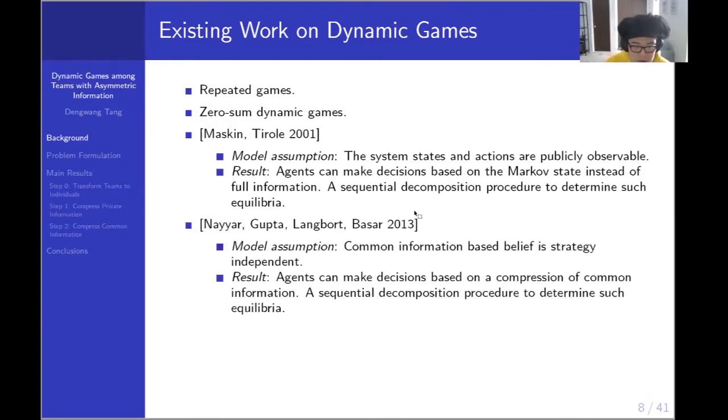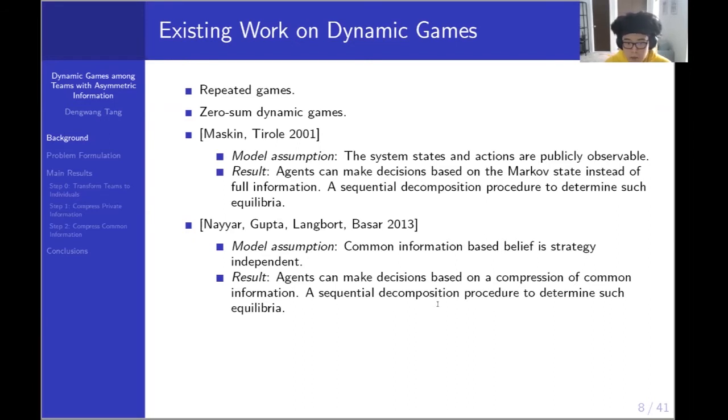Then you have Nayyar, Gupta, Langbort, and Basar in 2013. Under the crucial assumption that the common information-based belief is strategy independent, they are able to derive the result that the agents can make decisions based on a compression of common information.